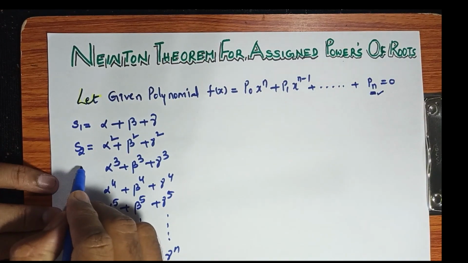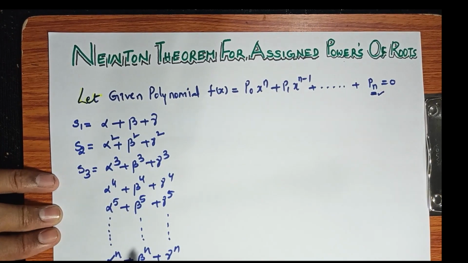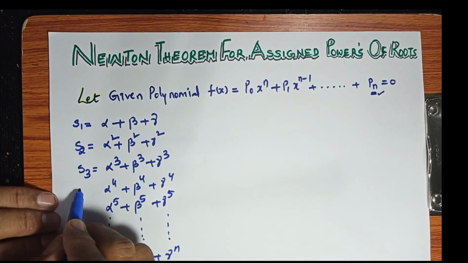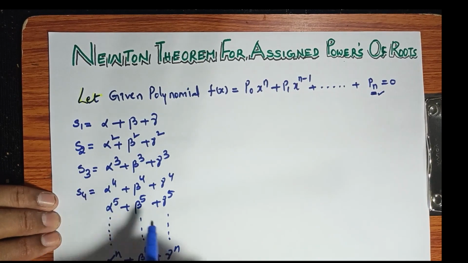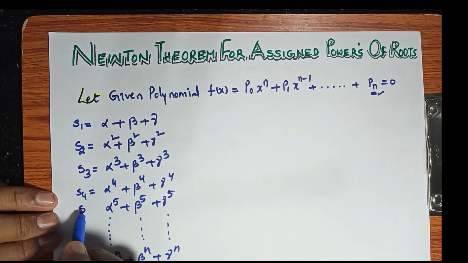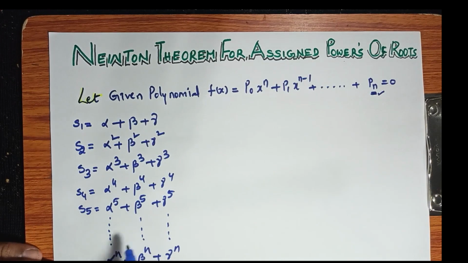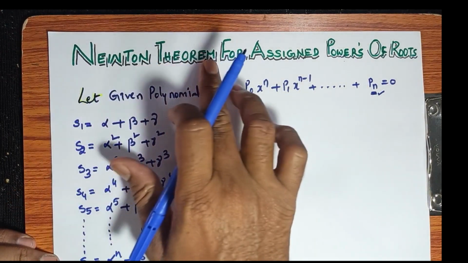S3 is equal to alpha cube plus beta cube plus gamma cube. S4 is equal to alpha power 4 plus beta power 4 plus gamma power 4. S5 is equal to alpha power 5 plus beta power 5 plus gamma power 5, and so on. Sn is equal to alpha power n plus beta power n plus gamma power n. To find these values, we are using Newton's theorem.